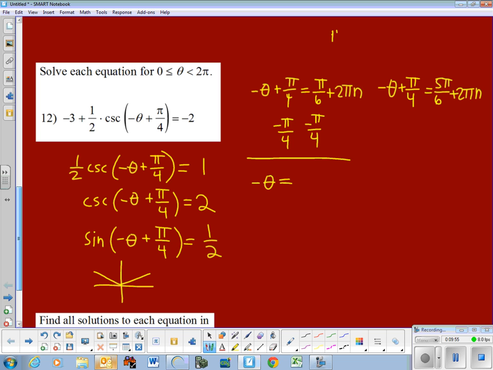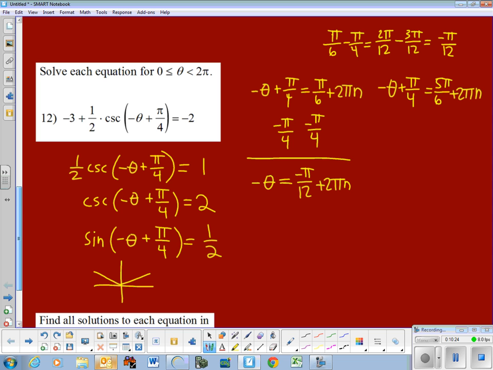Just off to the side, pi over 6 minus pi over 4 would be 2 pi over 12 minus 3 pi over 12, which is negative pi over 12, plus 2 pi n. Okay, sometimes, doing some steps in your head is all right, but don't do too much. Just get a scrap sheet, go to the side, figure stuff out when it's necessary.